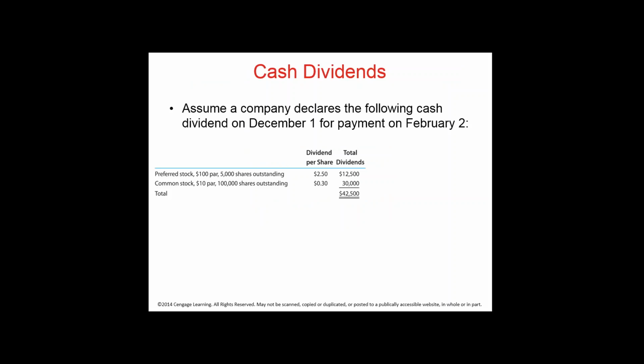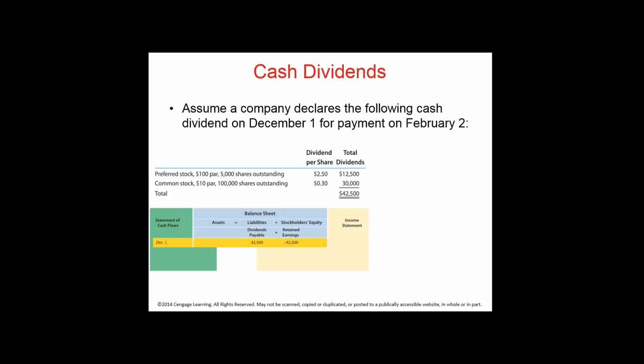So we're going to pay out $42,500, because as of December 1st, we owe that amount of money. It becomes a liability on that day.